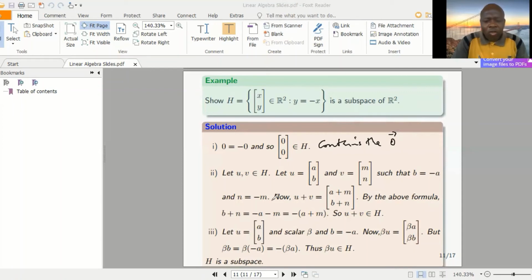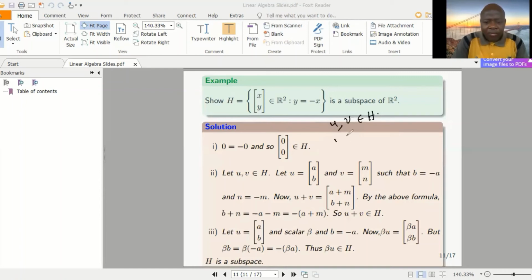Now, I want to show that the additive closure property is satisfied. So I pick any two vectors from here, vector u and v.